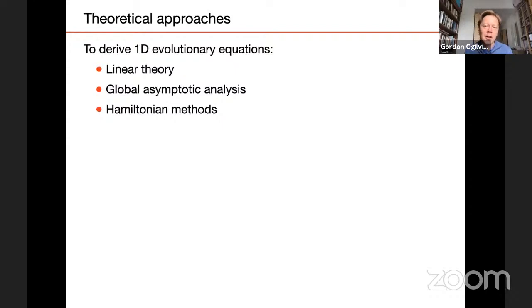So you regard the eccentricity or the inclination as small perturbations of a standard circular coplanar disk, and then you can develop some linear theory describing how the eccentricity and inclination evolve, which may involve growth or decay and wave-like propagation. When they're not small, we need a more nonlinear method.